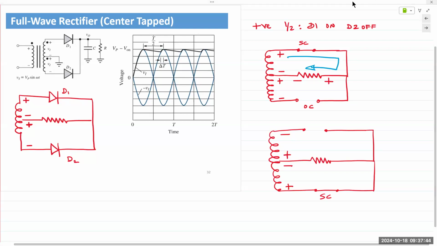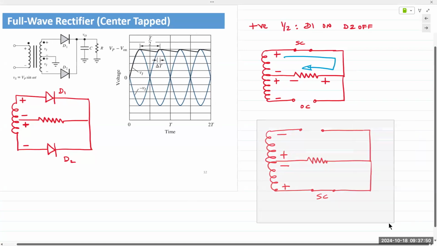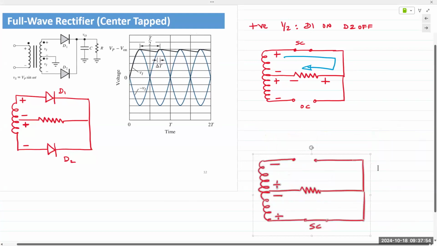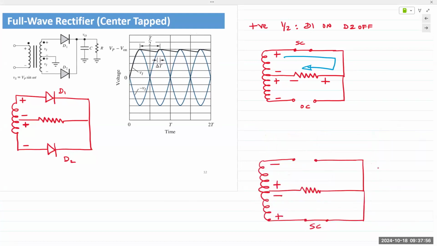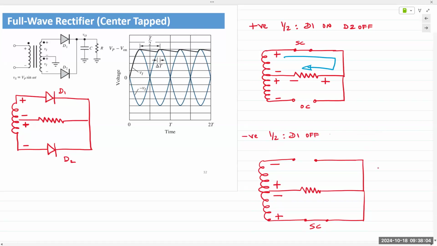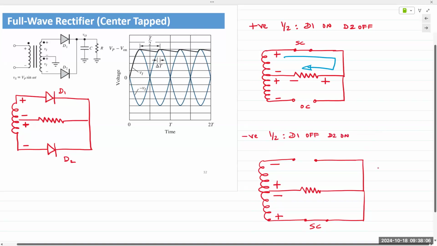Actually, I should have left more space here. Okay, so this is the negative half. So D1 is off and D2 is on.